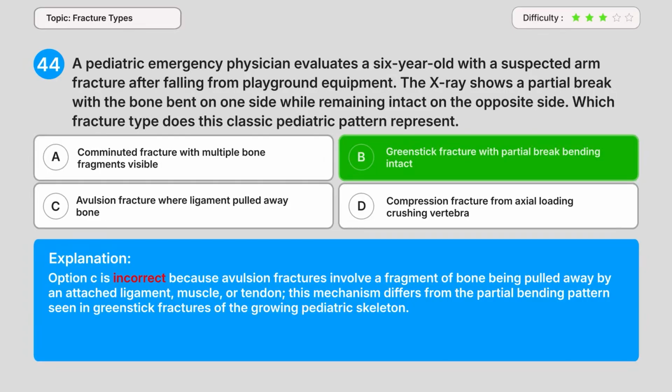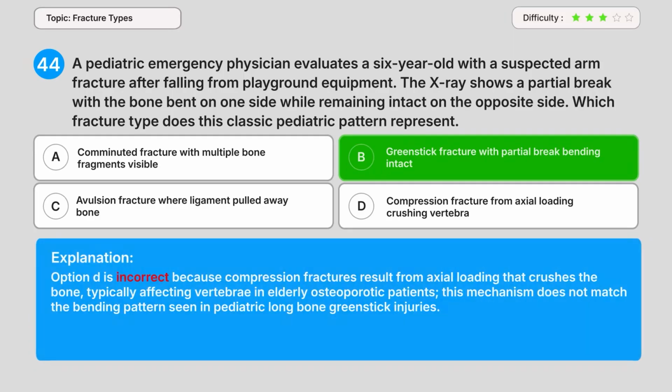This mechanism differs from the partial bending pattern seen in greenstick fractures of the growing pediatric skeleton. Option D is incorrect, because compression fractures result from axial loading that crushes the bone, typically affecting vertebrae in elderly osteoporotic patients. This mechanism does not match the bending pattern seen in pediatric long bone greenstick injuries.